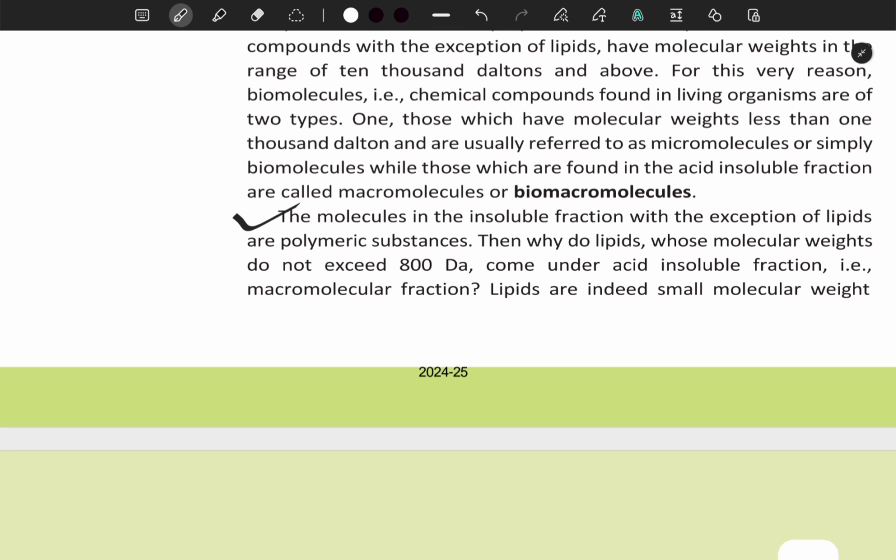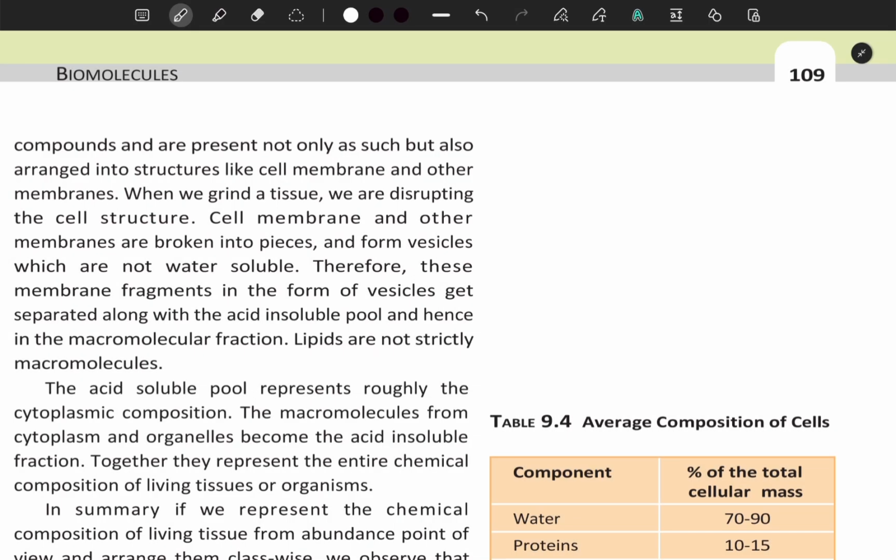Then, why do lipids, whose molecular weights do not exceed 800 dalton, come under the acid insoluble fraction, that is the macromolecular fraction? Lipids are indeed small molecular weight compounds and are present not only as such but also arranged into structures like the cell membrane and other membranes.